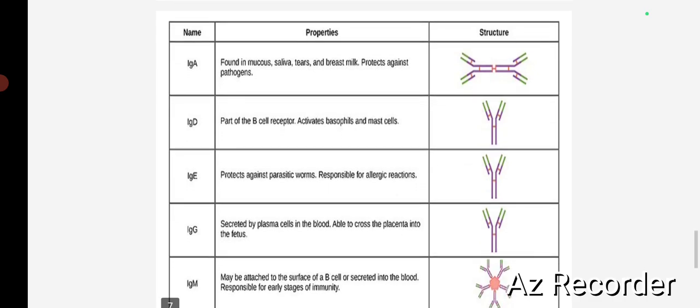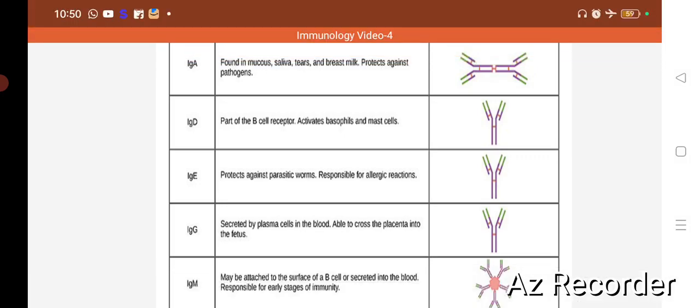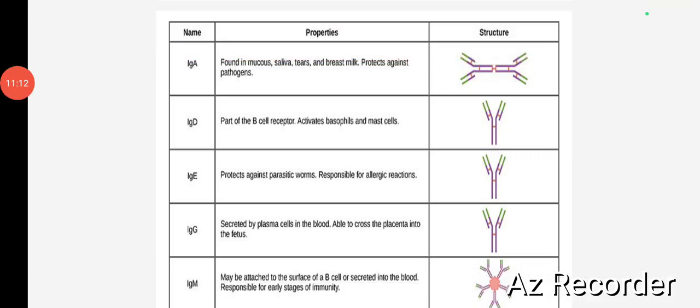Next, move on to types of immunoglobulin. There are 5 types of immunoglobulins: IgA, IgD, IgE, IgG, IgM. The first one, IgA, is found in mucus, saliva, tears and breast milk, and protects against pathogens.